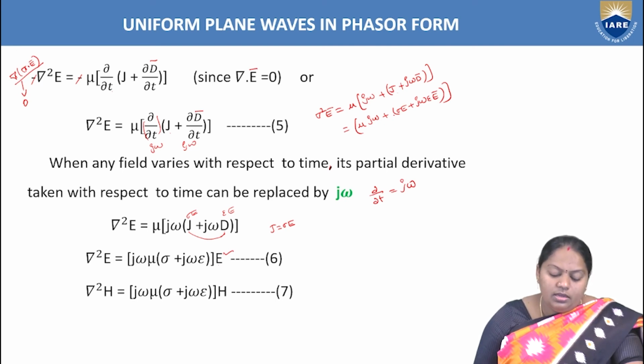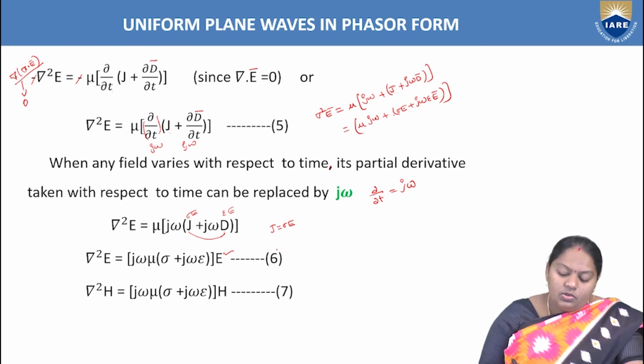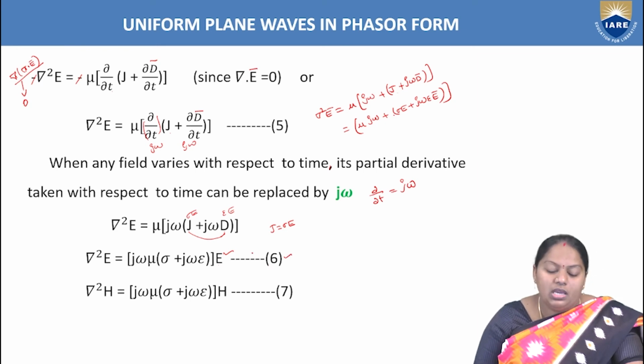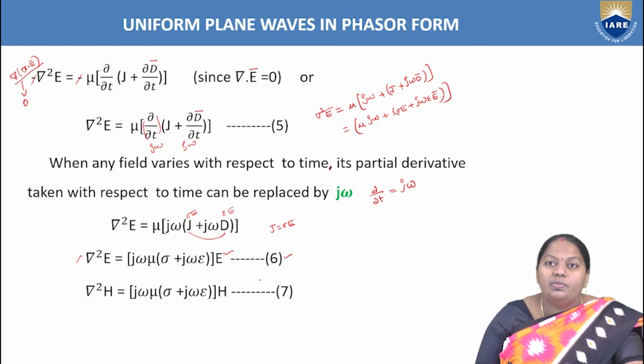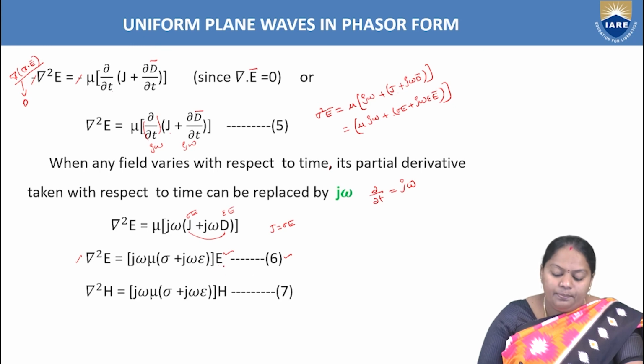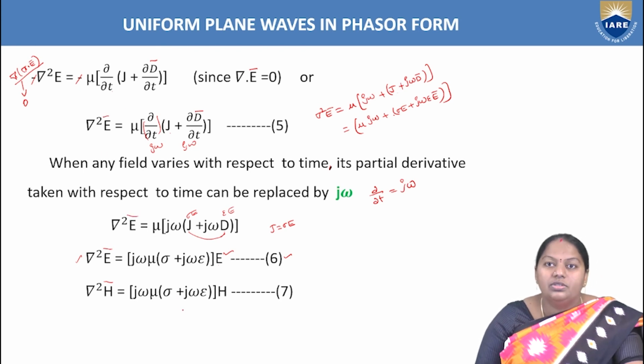Del square E equals j omega mu into sigma plus j omega epsilon into E, or similarly, del square H bar equals j omega mu into sigma plus j omega epsilon into H.